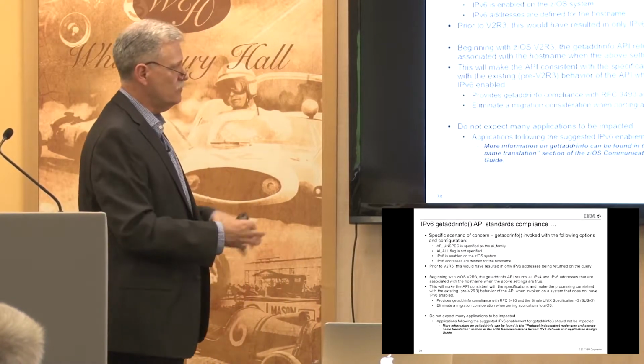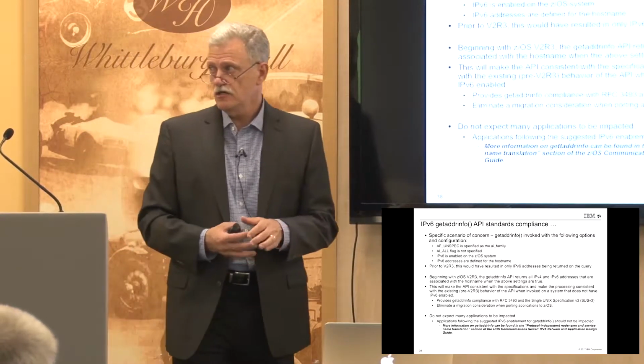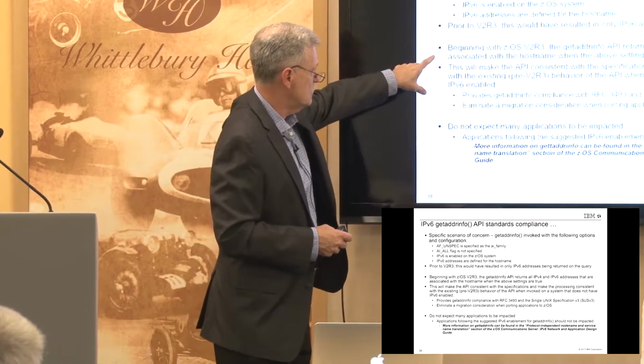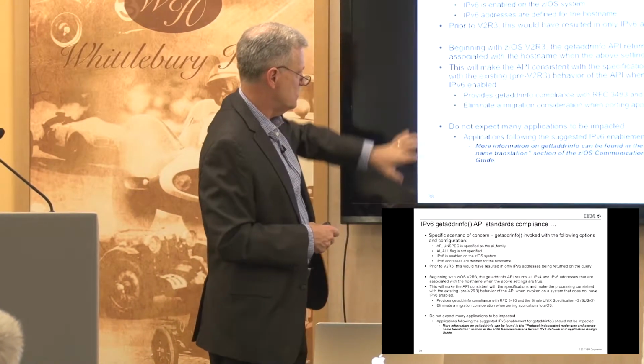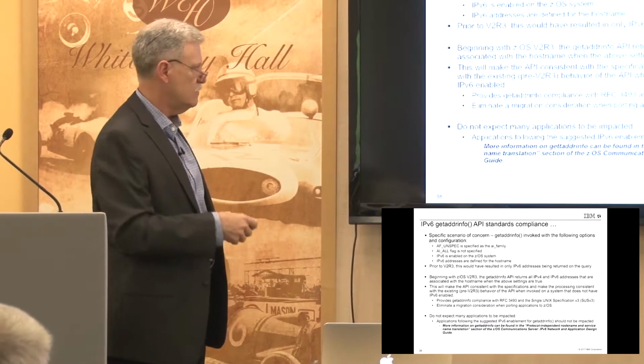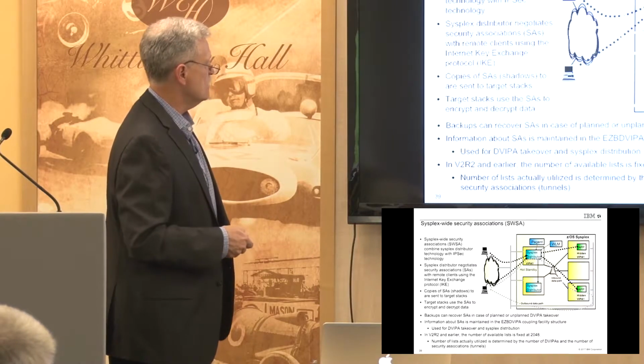So it's a little bit different API result, and we have to warn our users about that change. It's important to know that applications can see a little bit of difference if you are enabled for v6. We don't expect many applications to be affected by this, but if you do have v6 enabled, you need to be aware of it.